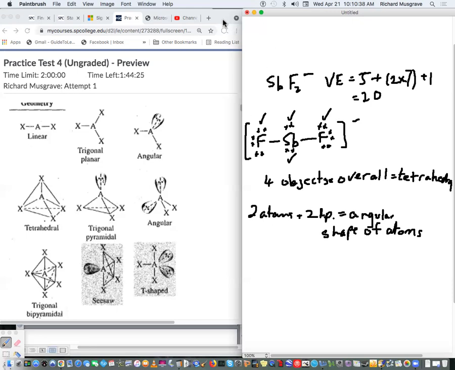Okay, let me see how people feel about this so far. The difference between overall shape and shape of atoms. That's what I'm looking for. How do you feel about the difference between the overall shape and the shape of the atoms? 5, 4, 3, 2, 1, 0.